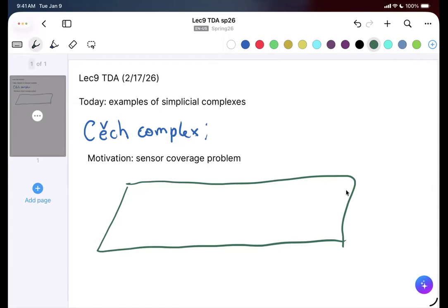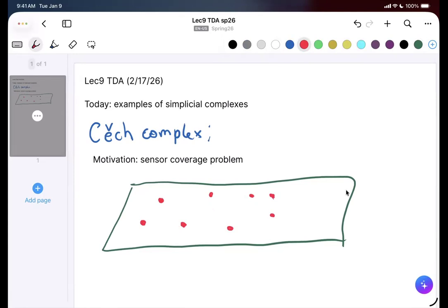So I'll write the sensors as nodes or dots. I'll draw my sensors as some sort of dots in my picture.